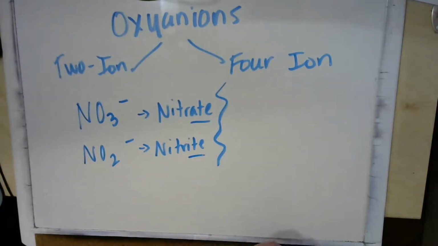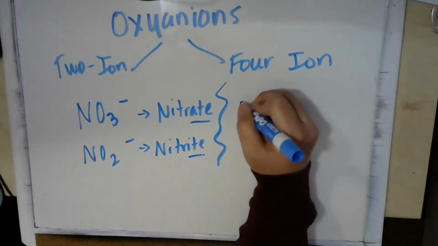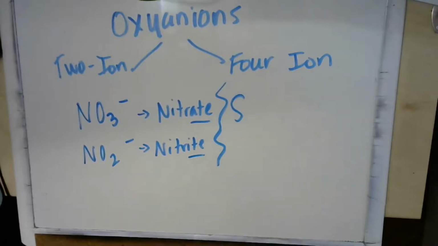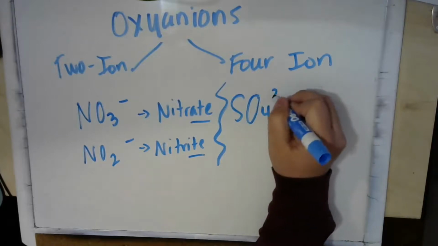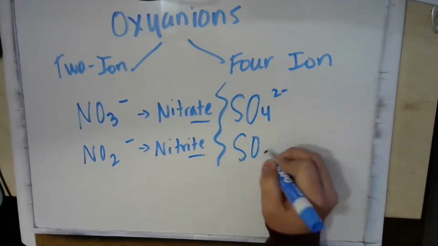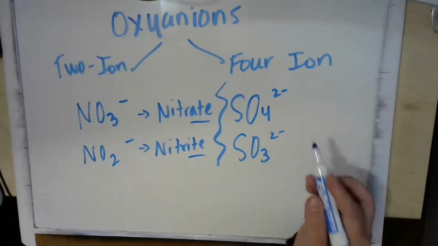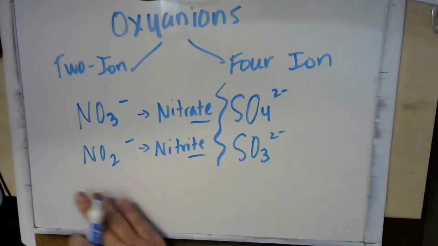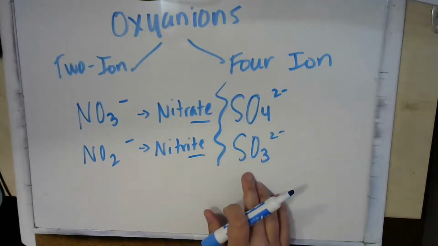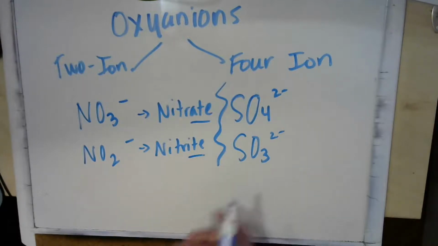If we look at the other example with sulfur, our 2 members of the series are SO4 2 minus and SO3 2 minus. Notice the charges don't change in these. The only thing that changes between each member of the series is one has more oxygen and one has less oxygen.